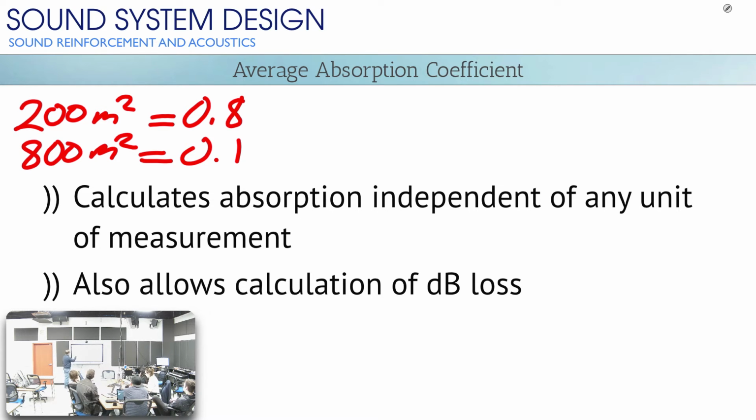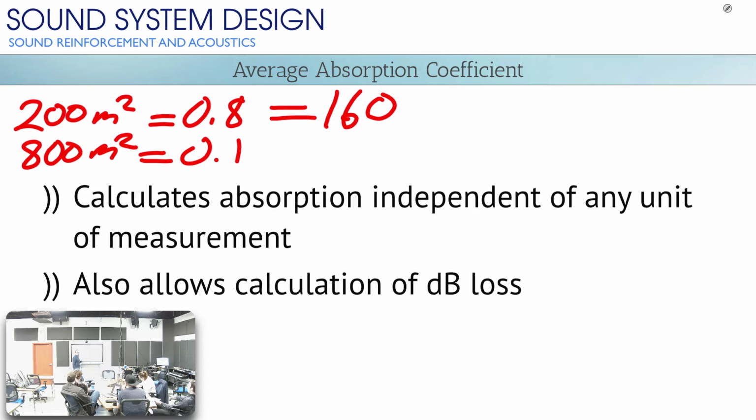So that means for 200 square meters of surface area in this room, 80% of that energy gets absorbed on that material. But for the other 800 square meters of surface material, 10% of that energy gets absorbed, and the rest of it comes back. So what could you do with that? Well, if you just took this 200 square meters and multiplied it by that absorption coefficient, so 200 times 0.8, that's going to equal 160.